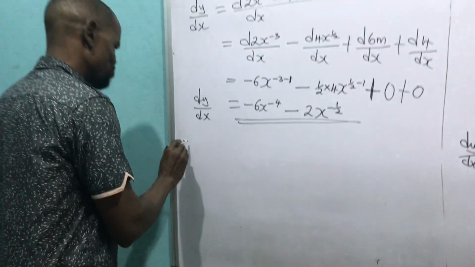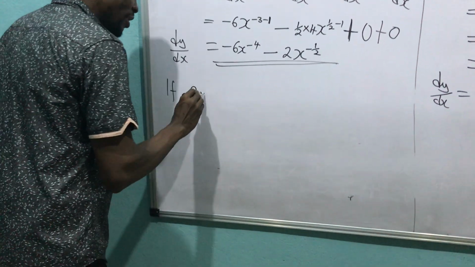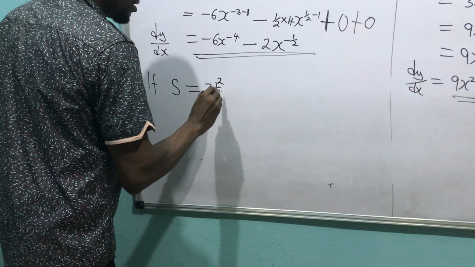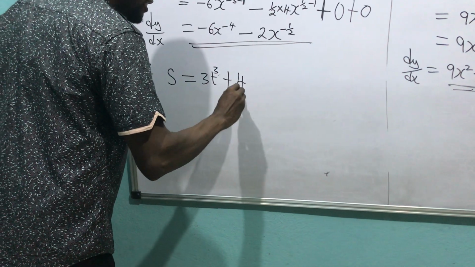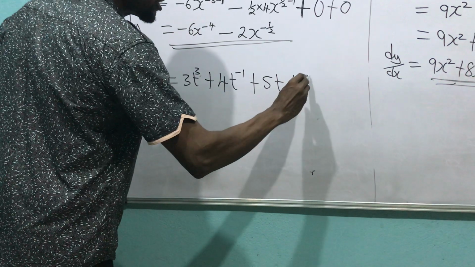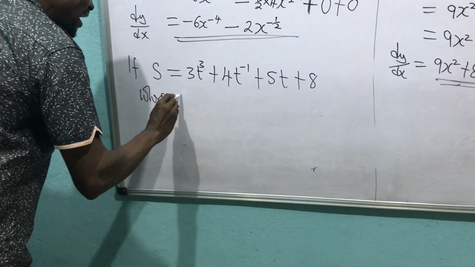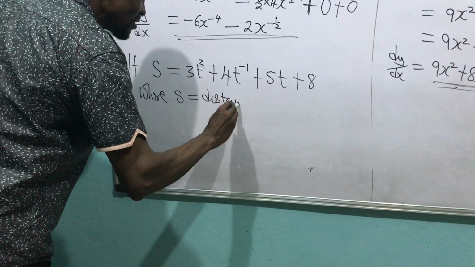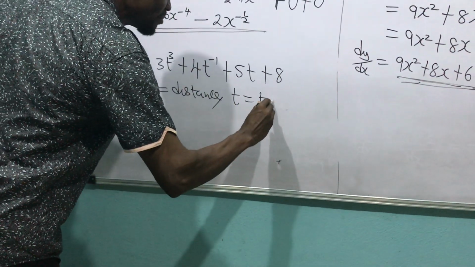Another example, if we have x equals 3t cubed plus 4t raised to power minus 1 plus 5t plus 8, where x is distance and t is time.